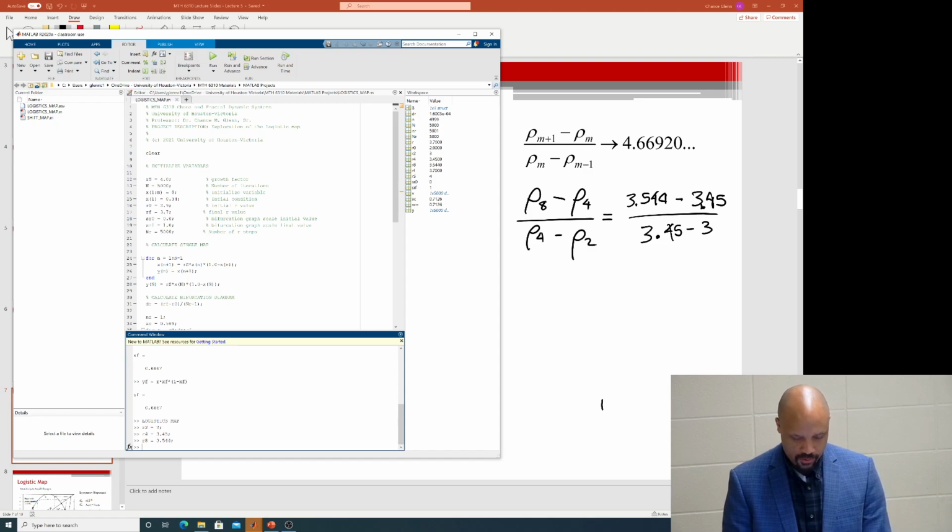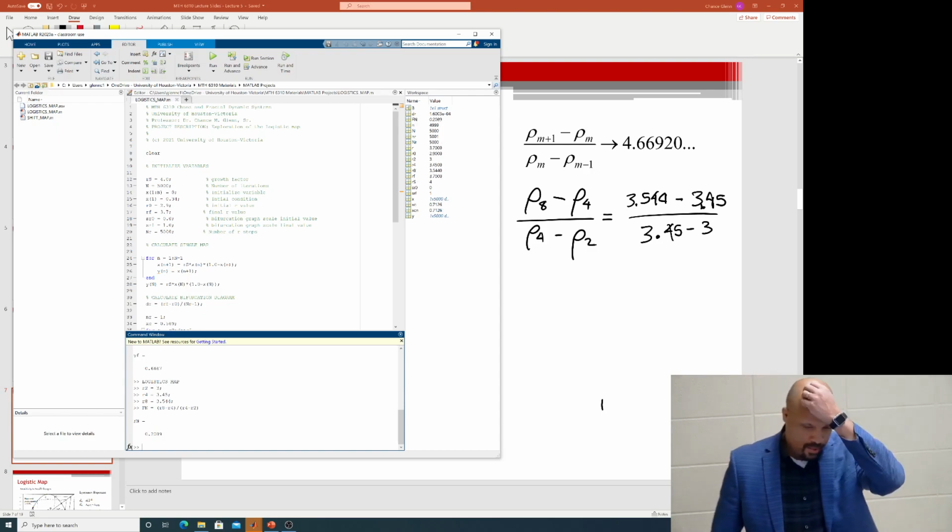And now I'll say Fn is equal to, I'll use my parentheses because I know I'm going to need them, R8 minus R4 divided by R4 minus R2.